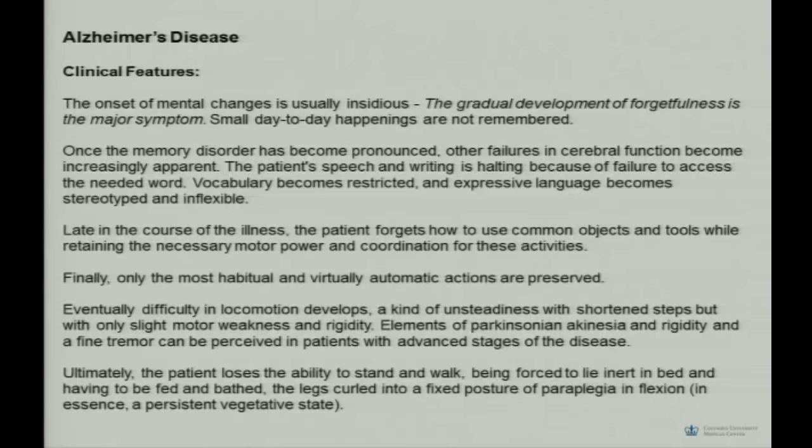They may even start to have motor changes that almost look slightly Parkinsonian, where you have fine tremors or a slowness in their movements. Okay. Eventually, they'll lose the ability to stand or walk, and they'll end up with only really basic vegetative function being persistent.